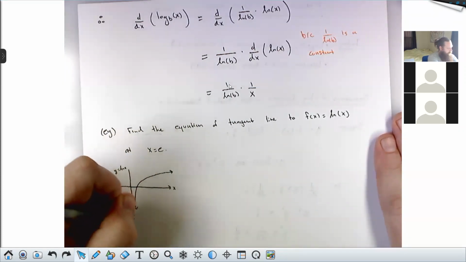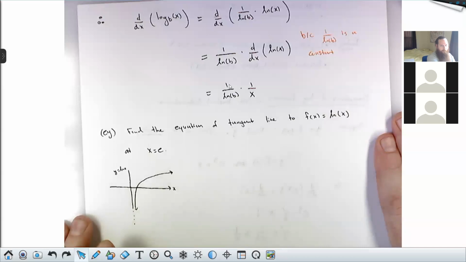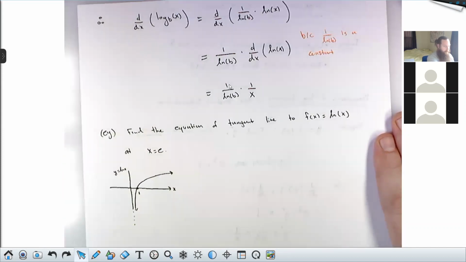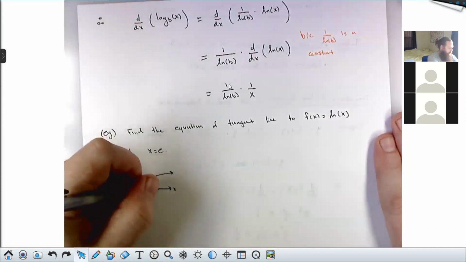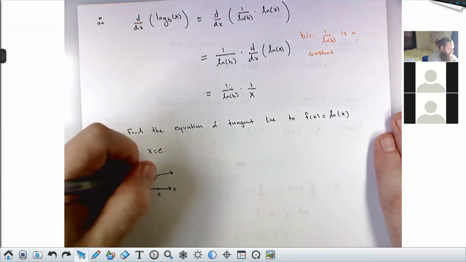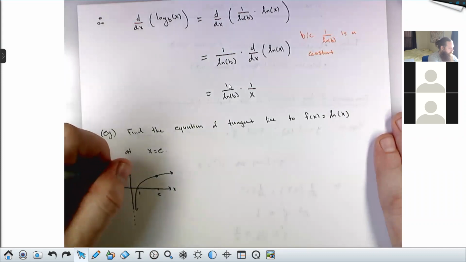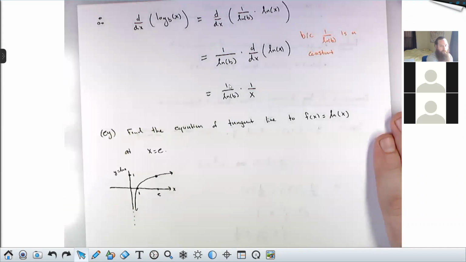You have a vertical asymptote at 0, crosses the x-axis right here at 1, and over here at e is the point e comma 1. So the y value there is 1.